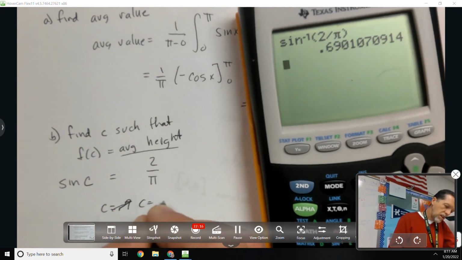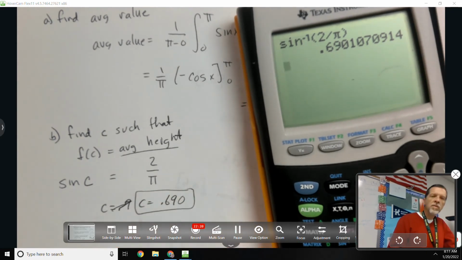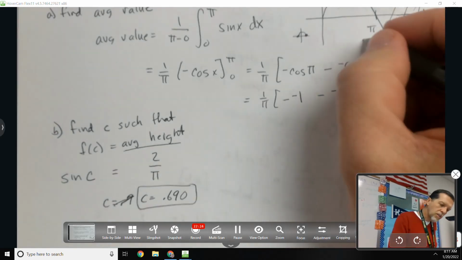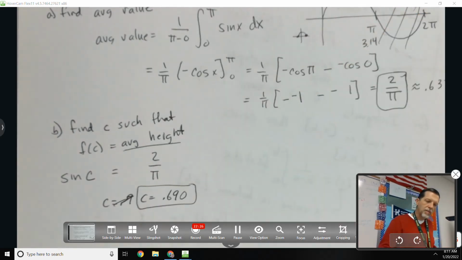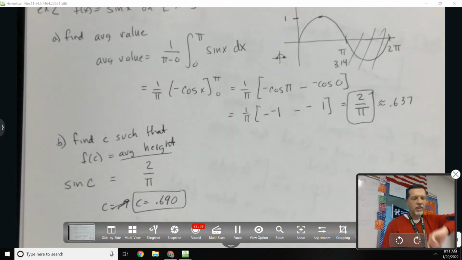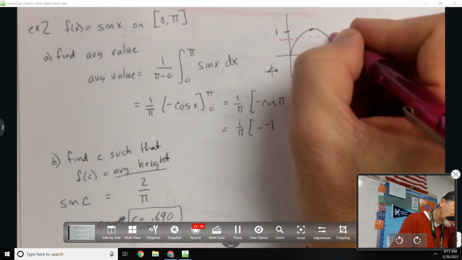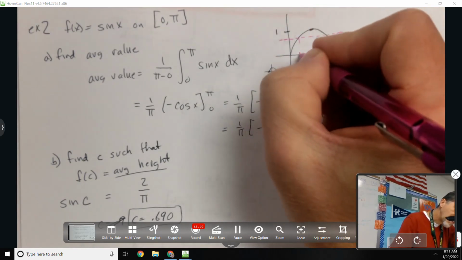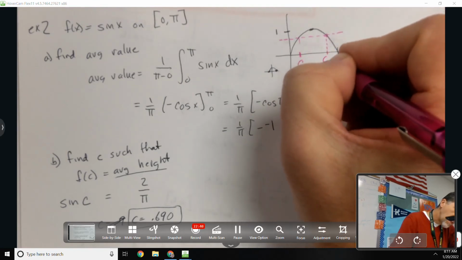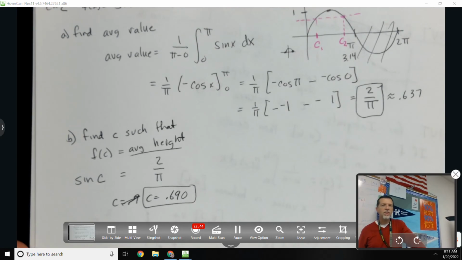is 0.690. That's supposed to be between 0 and pi. Pi is 3.14, so yeah, I believe that. This is a tricky one because there's another spot. There's 2 places that give us the average value.